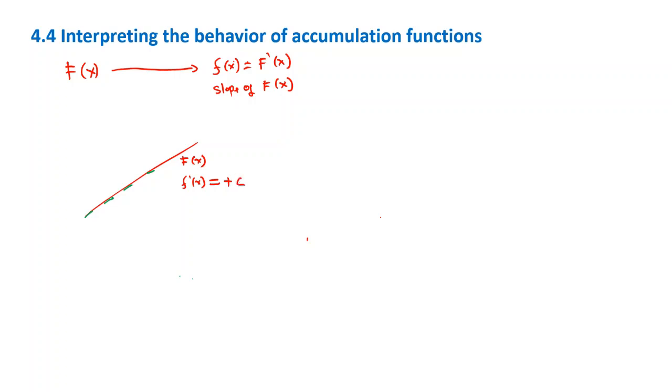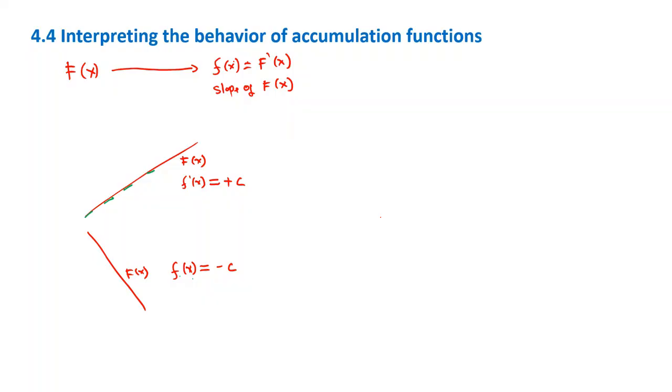Conversely, if we have f(x) like this one, from left to right it is going down. And the value is constant because it's a straight line, so in this case f'(x) equals a constant, but the constant is negative.